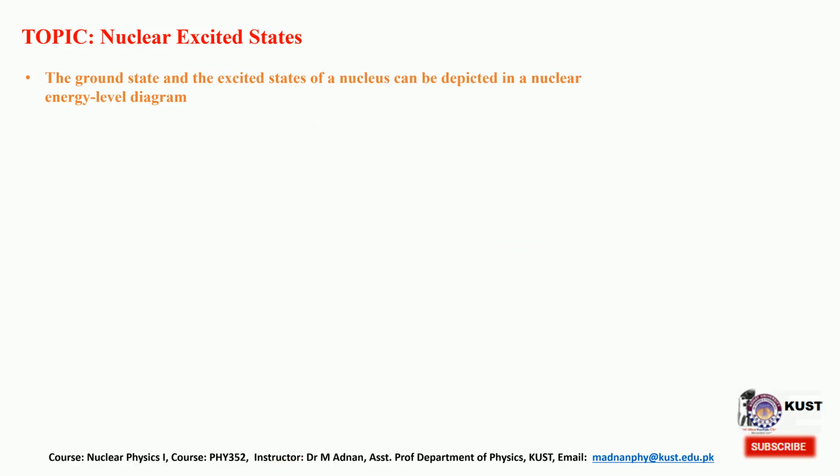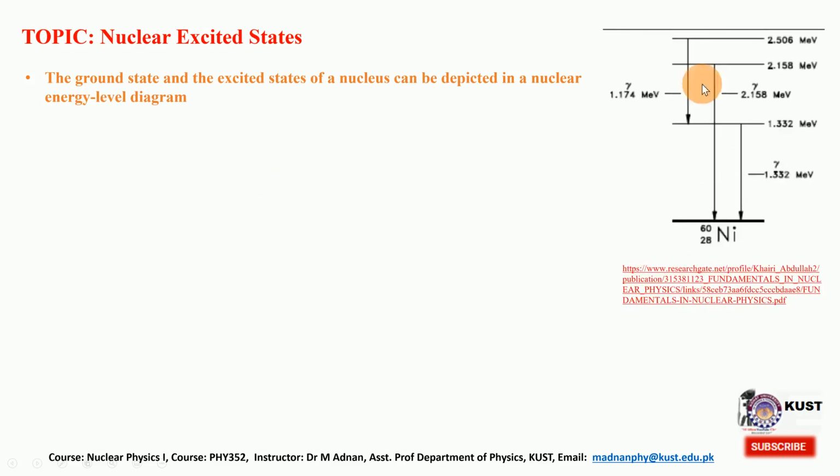So how can one describe these nuclear energy levels and the excited states? The ground state and the excited states of a nucleus can be depicted in a nuclear energy level diagram, as we have taken this energy level diagram for nickel-60.